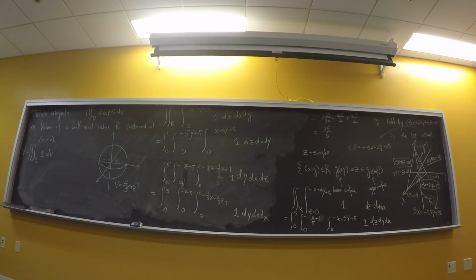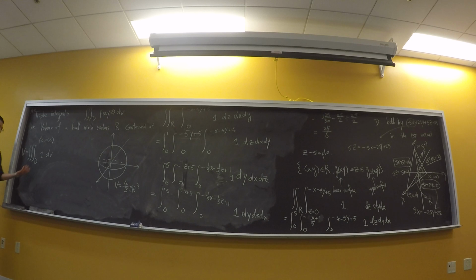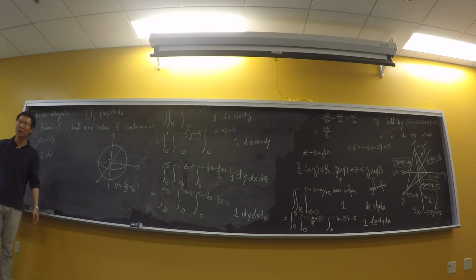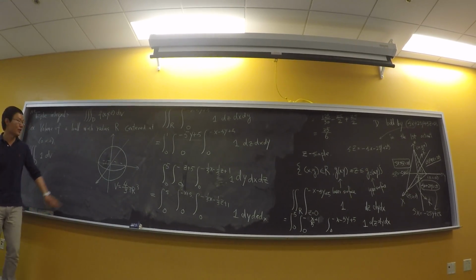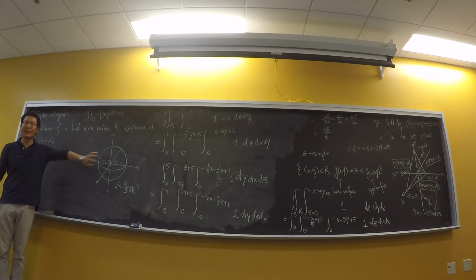Now I want to apply my triple integral evaluation skills. In order to evaluate the triple integral, the key thing is to identify the region as either a z simple region, x simple region, or y simple region. Which kind of type is this solid ball?